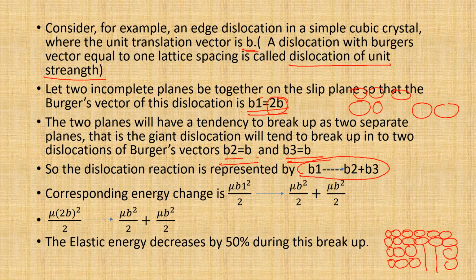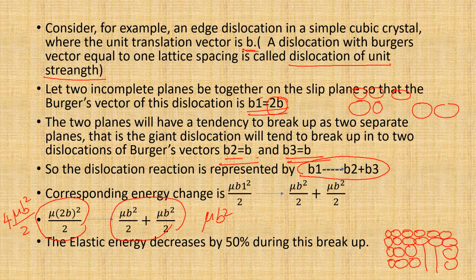This reaction is feasible only if it reduces the energy. Let us see whether this reduces energy or not. What is the left hand side of this reaction? That is 4 mu b square divided by 2. What is the sum on the right hand side of the reaction? That is equal to mu b square.